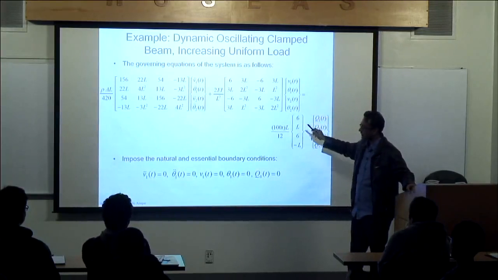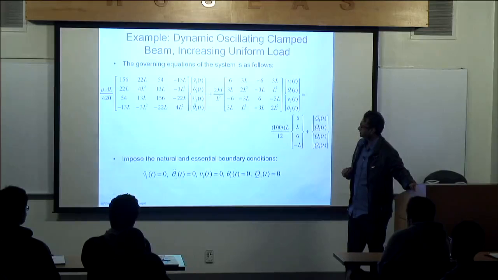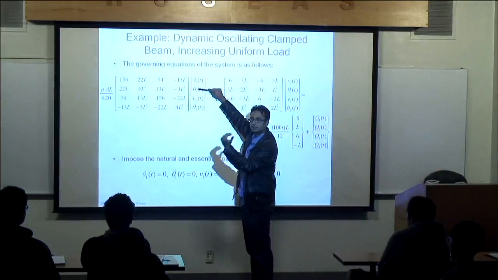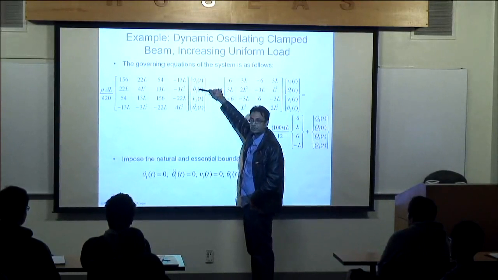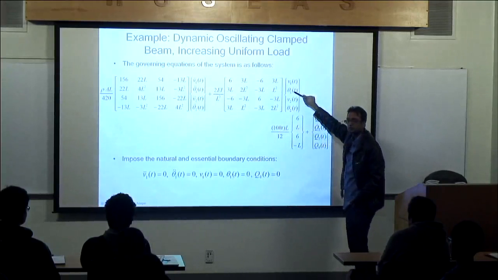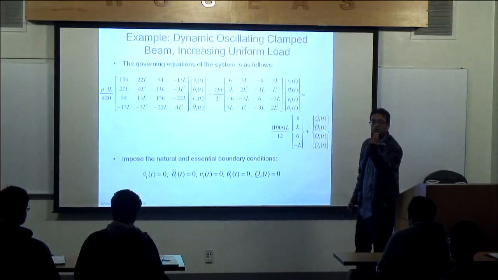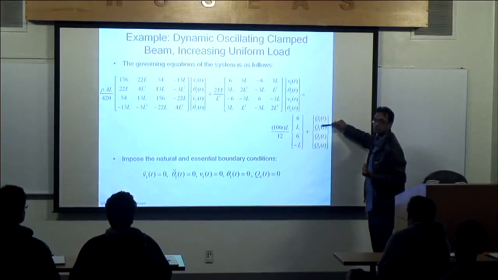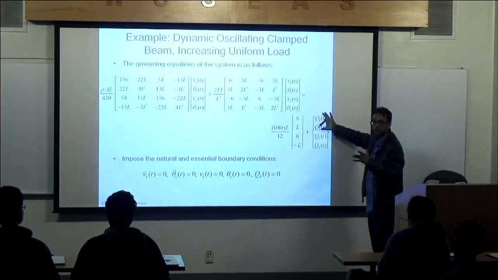I'm going to impose the natural and essential boundary conditions now. So when I do that, I already discussed that the first node, the left-hand side, is fixed. So this is 0. There's no acceleration there ever. The displacement and rotation are 0 at that end. We're not doing anything on that end. It's fixed. Because it's fixed, I have reaction forces, moment, and shear load. I'm not looking to calculate this, although I could.